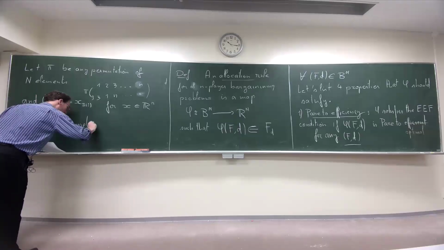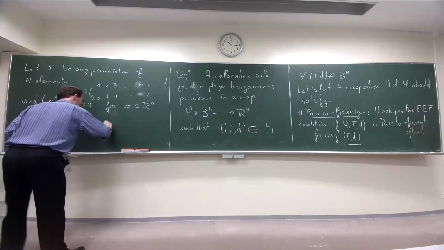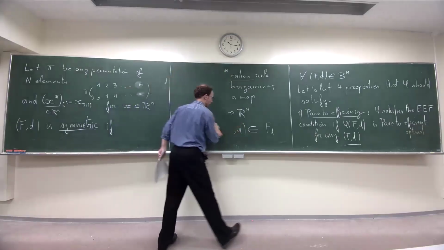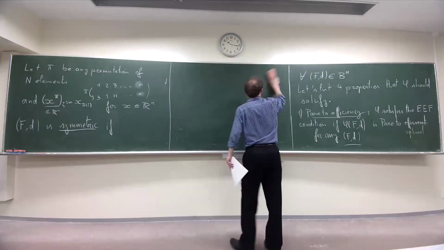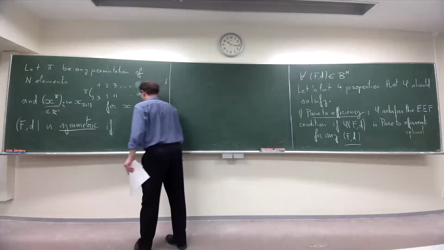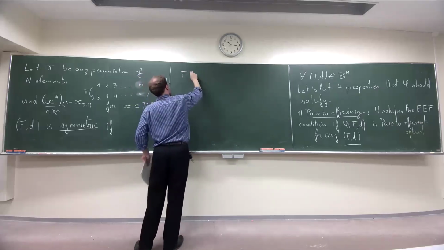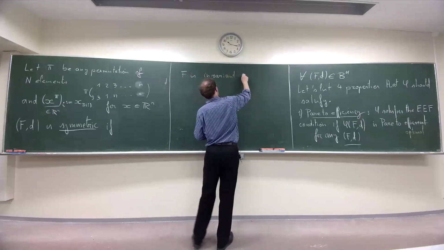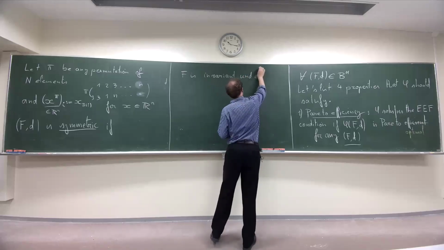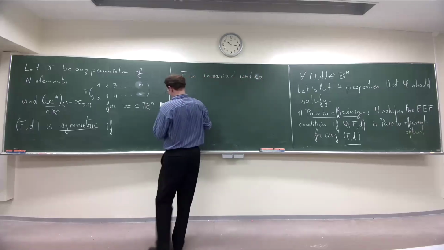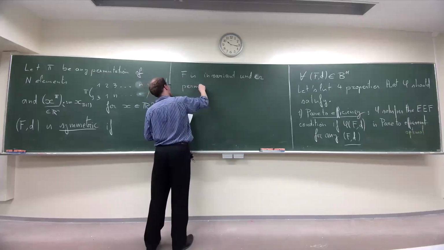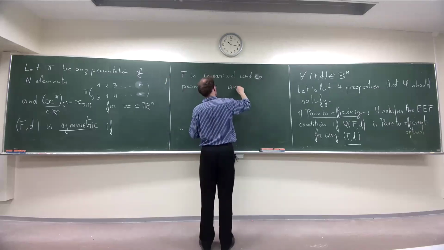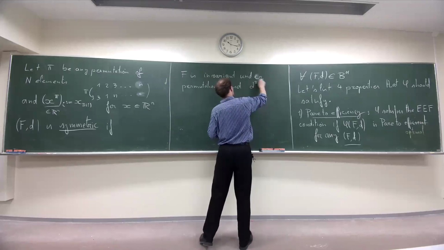We say that this bargaining problem is symmetric if the set F is invariant under any permutation, and d pi is d.